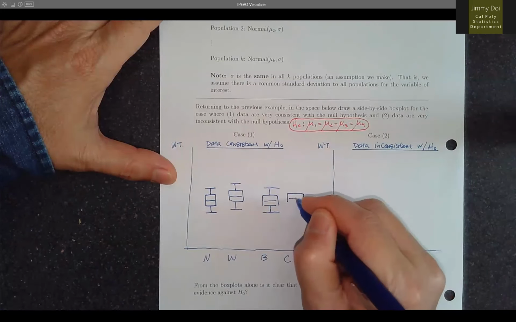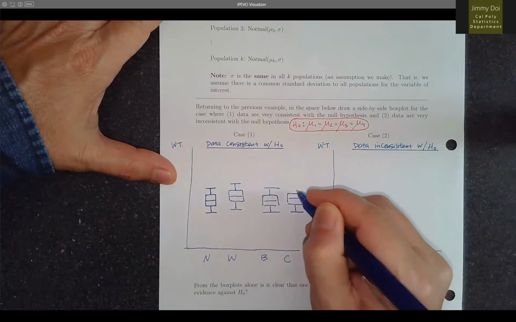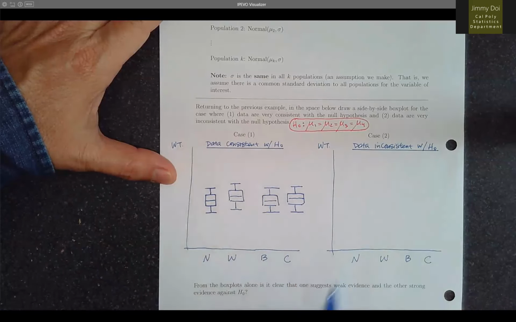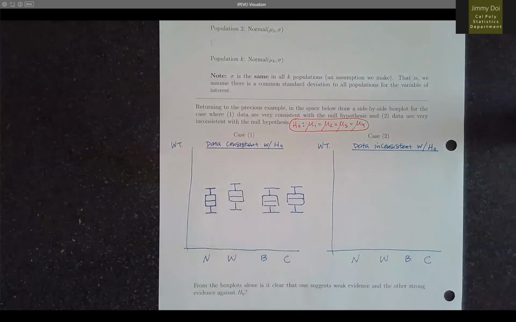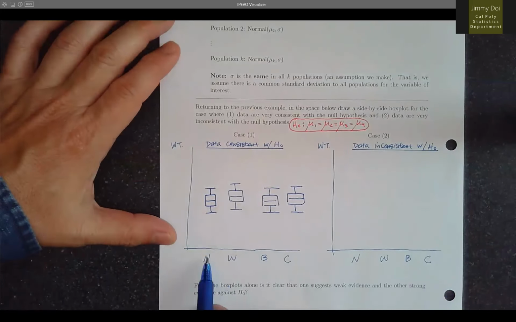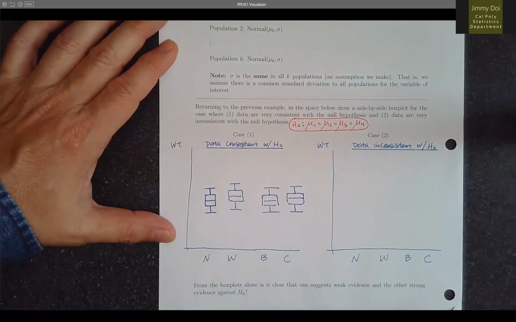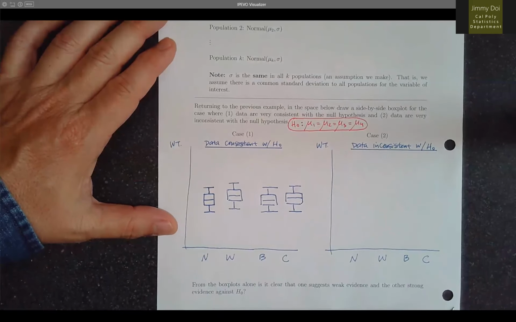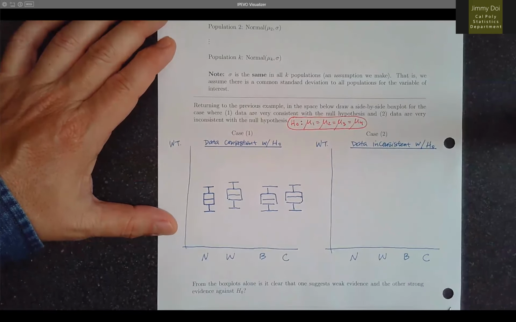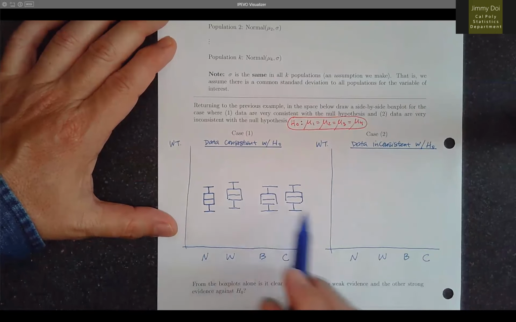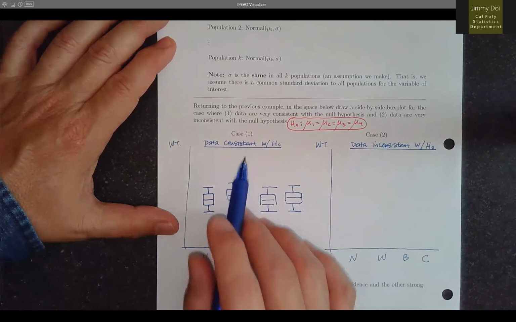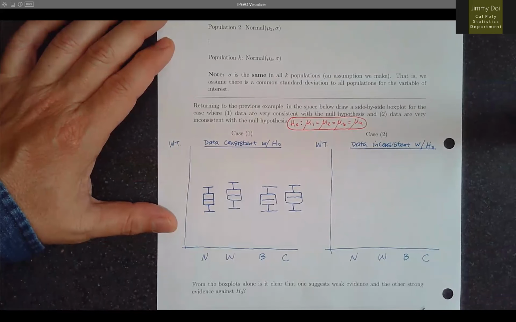And you should notice that we've got a lot of overlap. There's a lot of overlap here. In fact, if you look at this picture, if you were to ask me based off of this which of the treatments seems to be the best, which one seems to be the worst, I'd say they all look about the same to me, right? There's so much overlap here. So this is very consistent with the null hypothesis. I hope you agree with that.